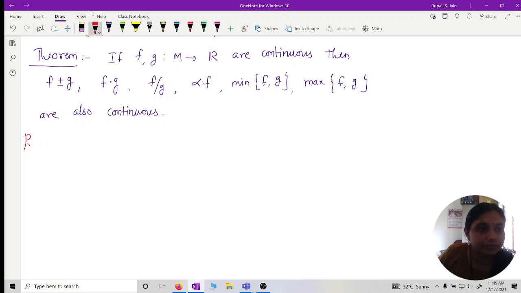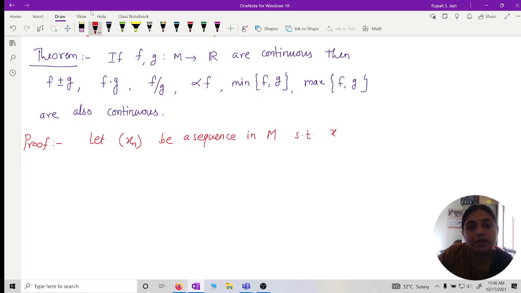Start with a convergent sequence: let xn be a sequence in M such that xn converges to x. Since functions f and g are given to be continuous, what can I say about f of xn and g of xn?